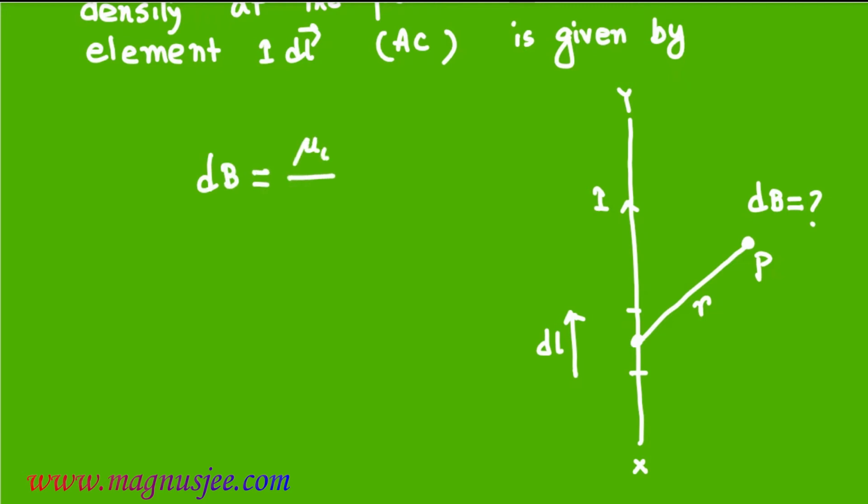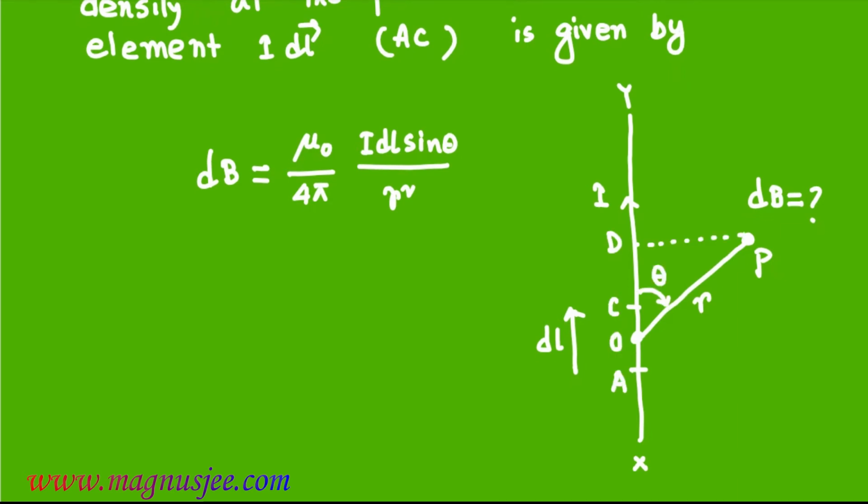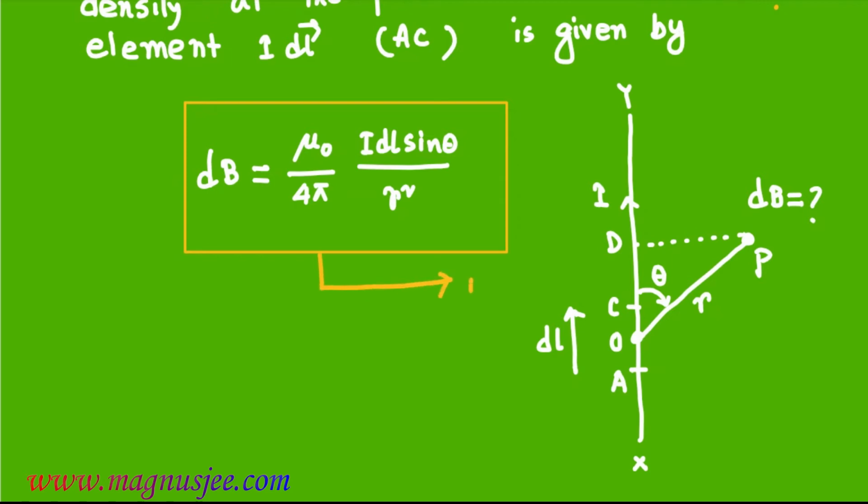According to Biot Savart's law, dB equals mu 0 by 4 pi, I dl sin theta, whole divided by r square. This will be equation 1.